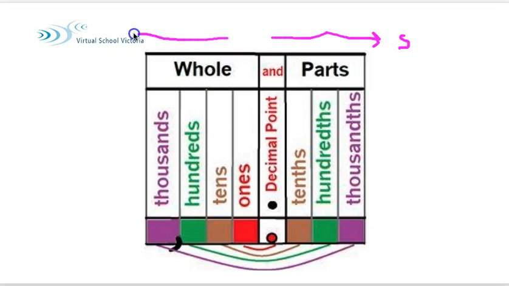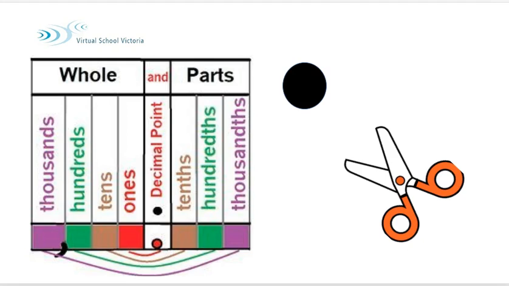When we go that way, the numbers get bigger. So that's an important idea. And the decimal point is our signal that we start chopping the ones into smaller parts.